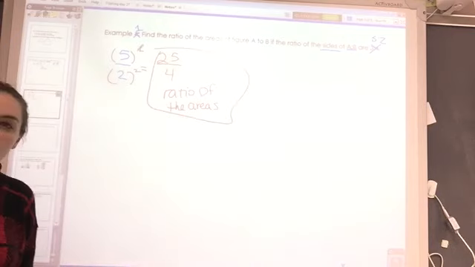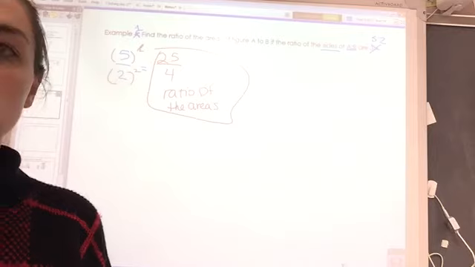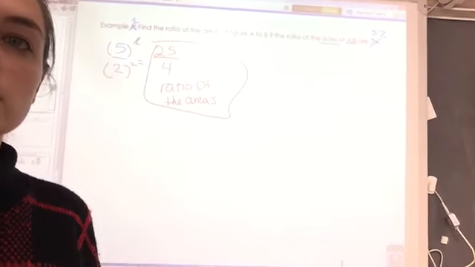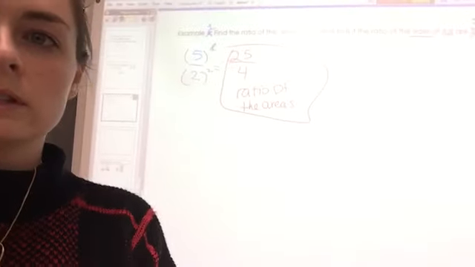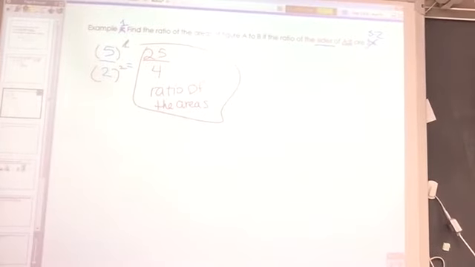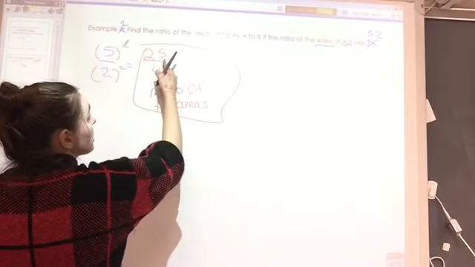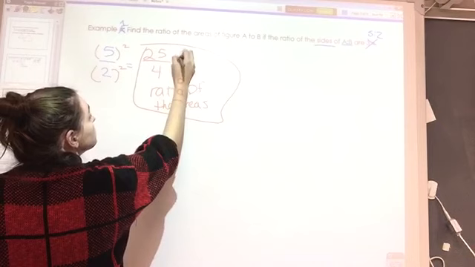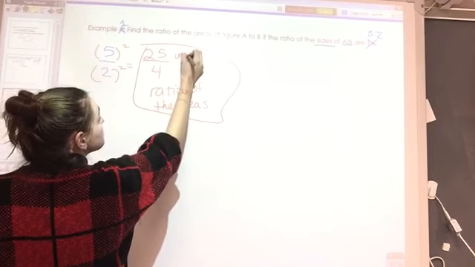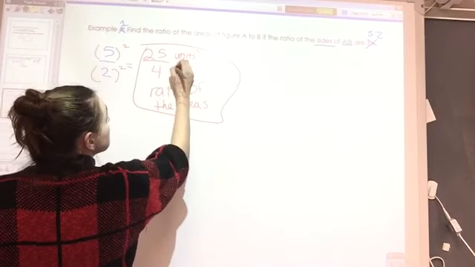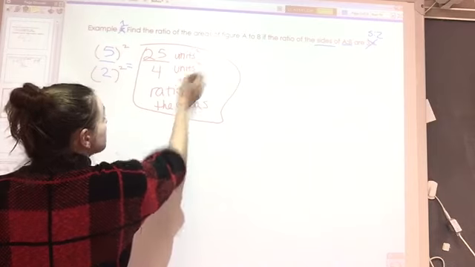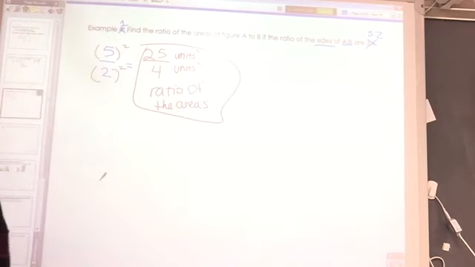And for these ones, you do have to make sure that you are talking about units specifically. With this particular problem, since we're talking about area, our units are going to be units squared and units squared, both of them.